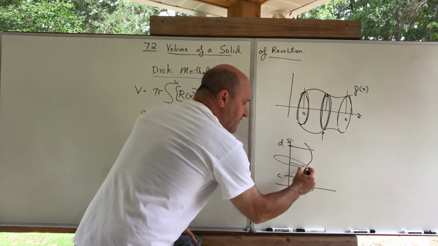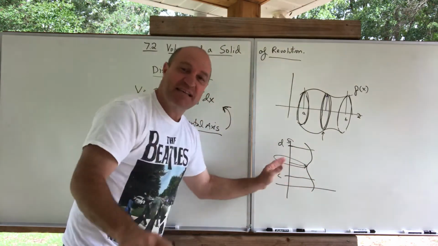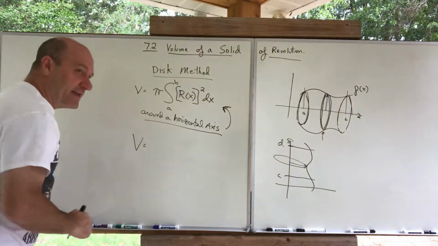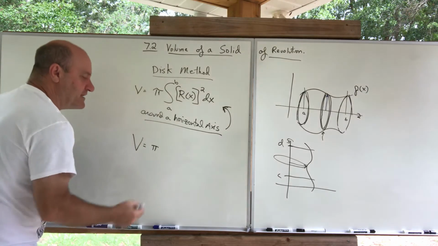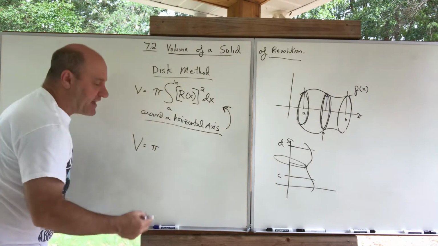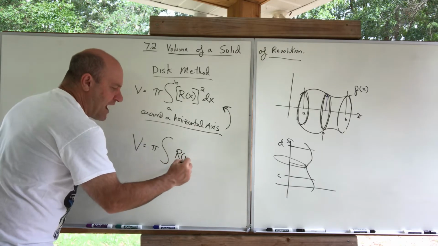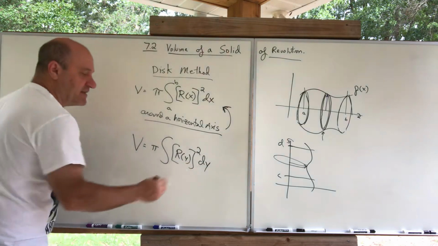The radius of your disk would be that distance x. That distance x hits that function of y. This is how we talk. It gets a little confusing, but you can work in y's if you're going around the y-axis. So that would be pi times r of y squared, and dy is the thickness of the disk.